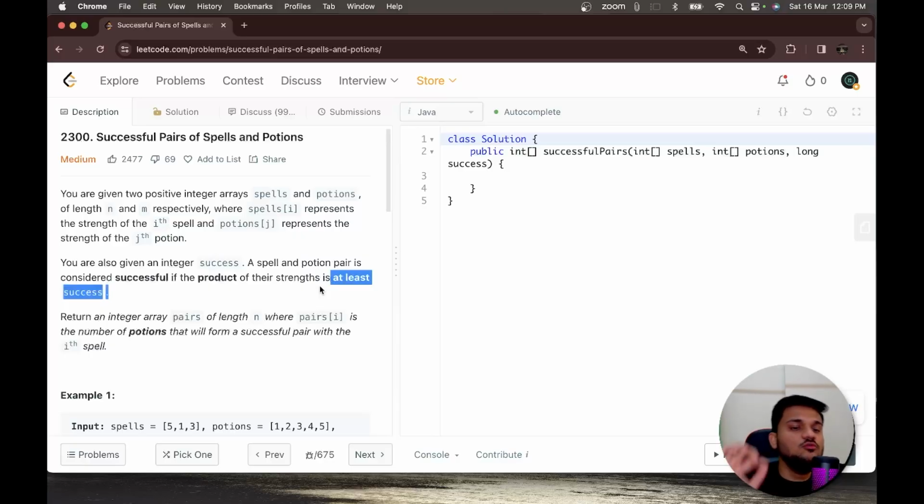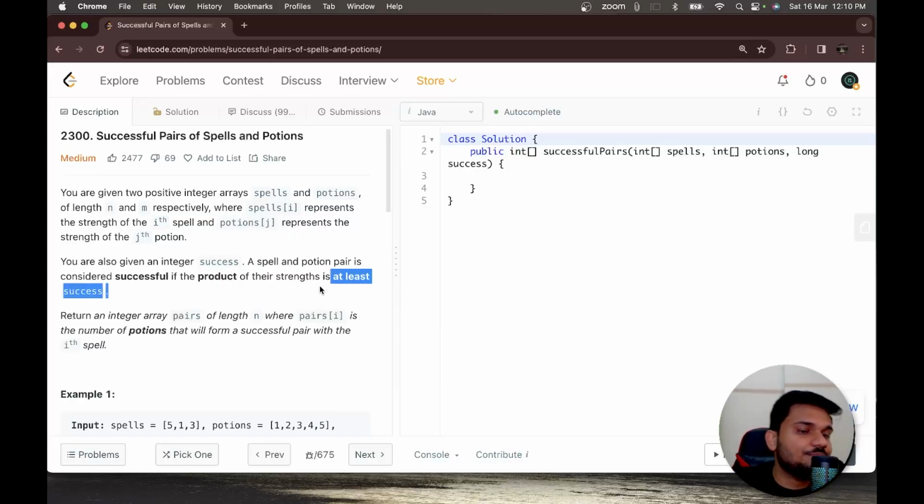That means if you form a pair between a spell and a potion, the strength of the spell multiplied by the strength of the potion must be greater than or equal to the success integer.